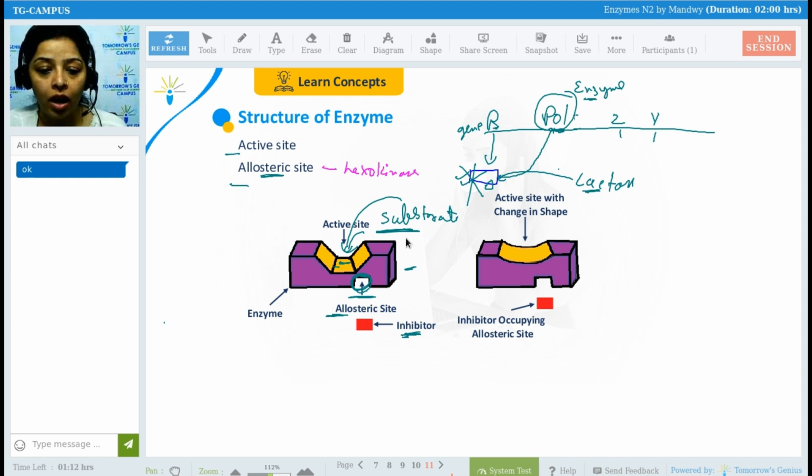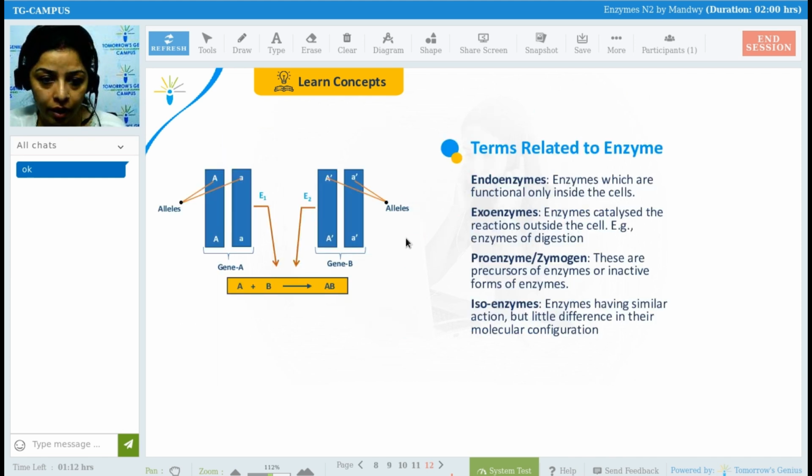Now let's see another thing related to enzymes. There are different terms related to enzymes that we need to know. For example, endoenzyme. Endo means inside. If enzymes are functional only inside the cell and not outside the cell, then this type of enzyme is called an endoenzyme.